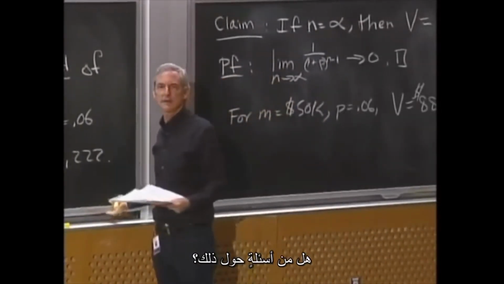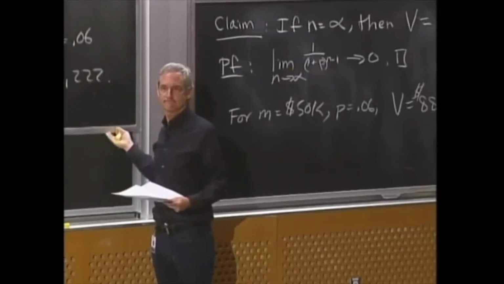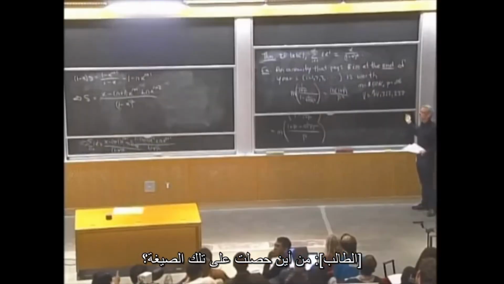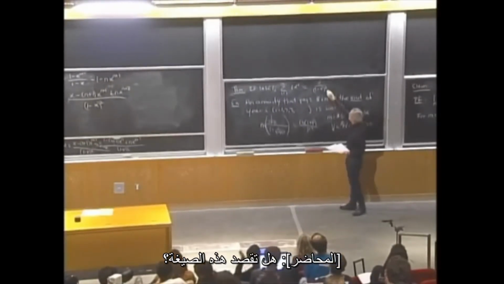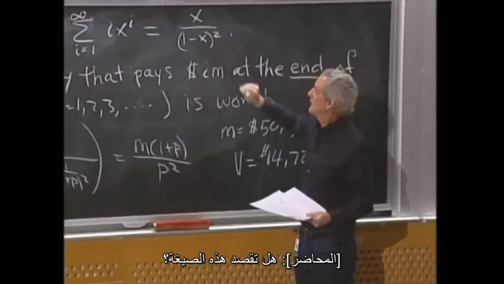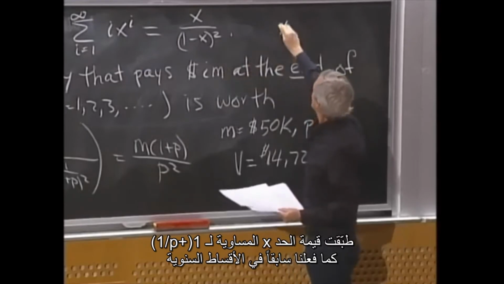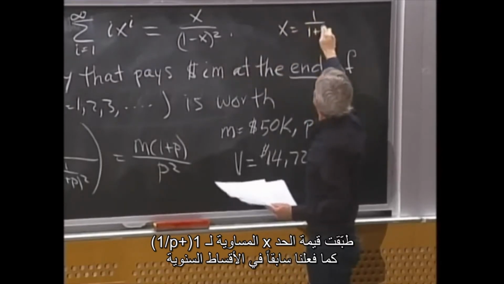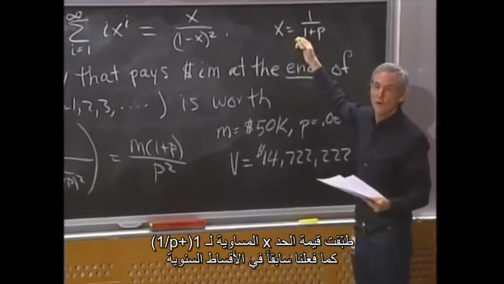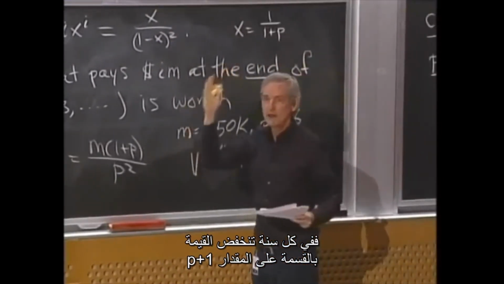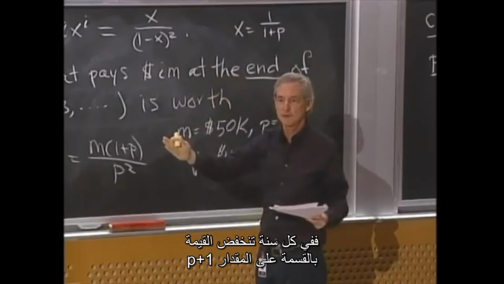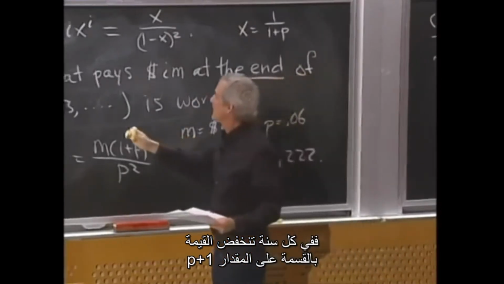Any questions about that? Yeah. Okay, good. So this one is okay? I plugged in x equals 1 over 1 plus p, like we did before for the annuity, because every year you're devaluing it by 1 over 1 plus p. So that's the x term.